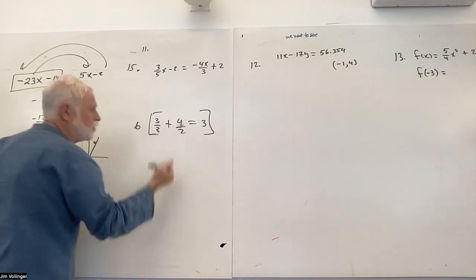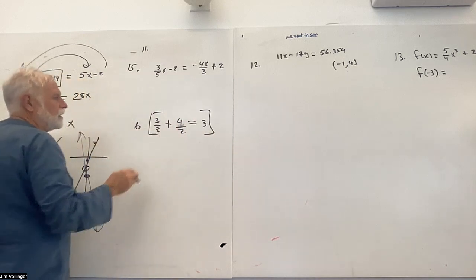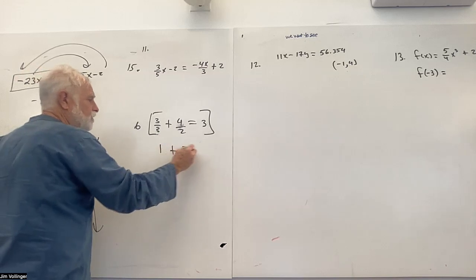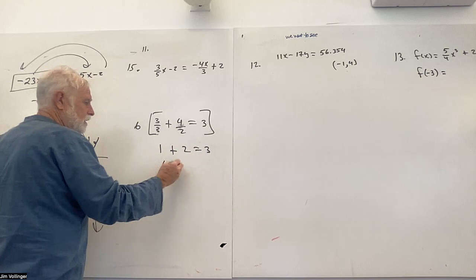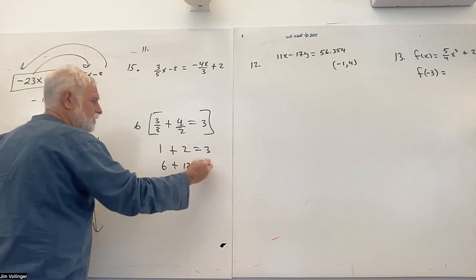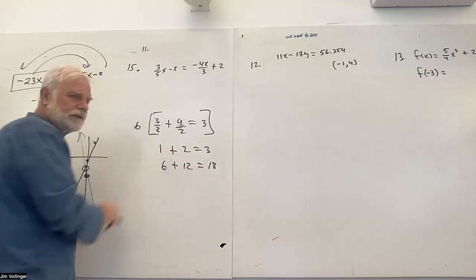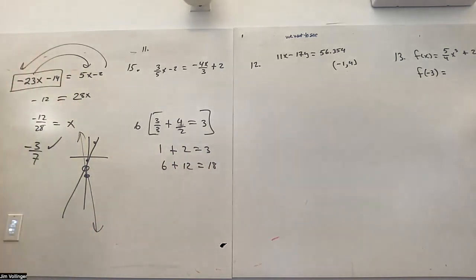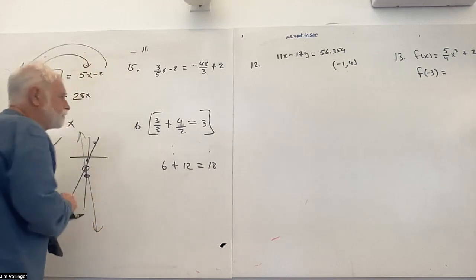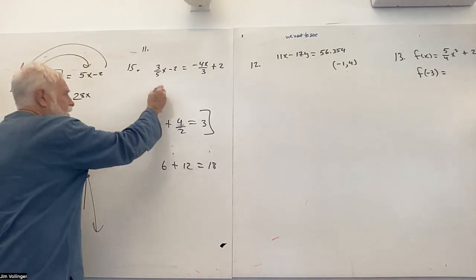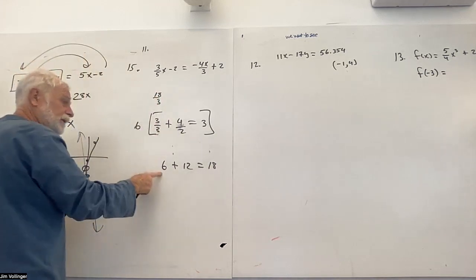Yeah. All right, so new situation here. So we still started with 1 plus 2 equals 3. So we should get 6 plus 12 equals 18 as our middle step. All right, let me erase. And how do we do it? Well, 6 times 3 is 18, and 18 divided by 3 is 6.